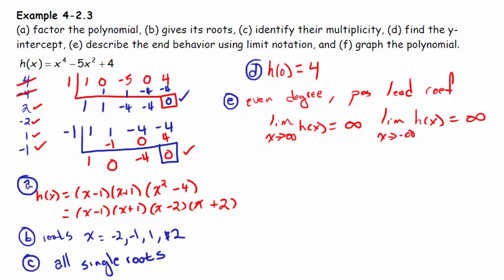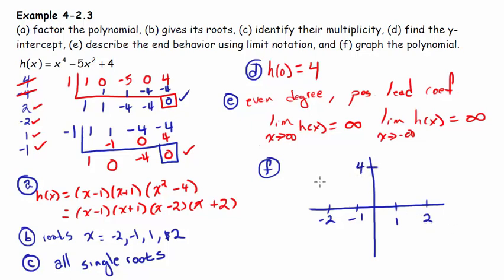Okay, and now I think we can put all this back together and graph this. Alright, so we had roots at -2, -1, 1, and 2, a y-intercept up here at 4, and both of my ends are going up.